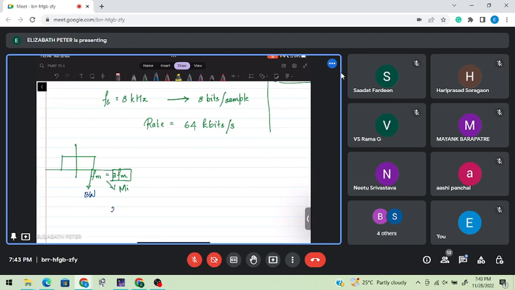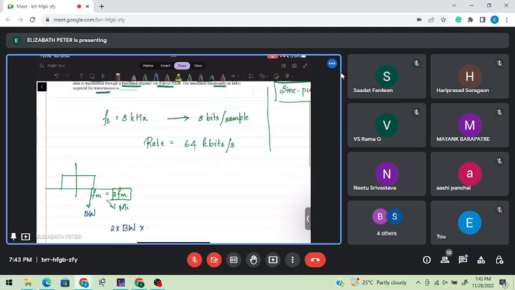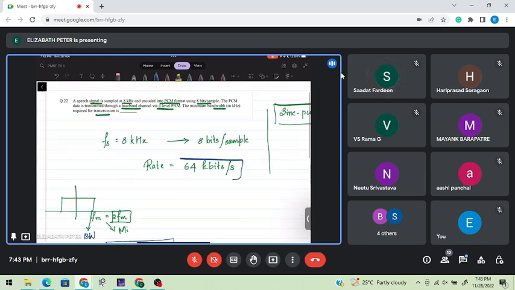So 2 times bandwidth into log 4 to the base 2. So these many bits I am transmitting, right, through the channel. But in the question we got the rate from the initial data that is given.